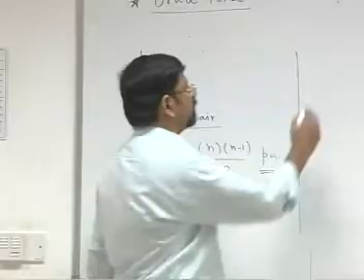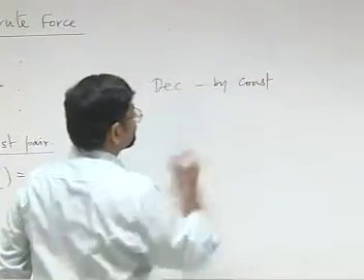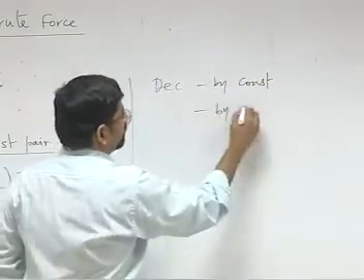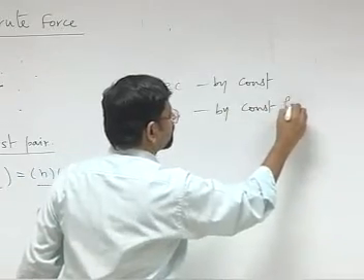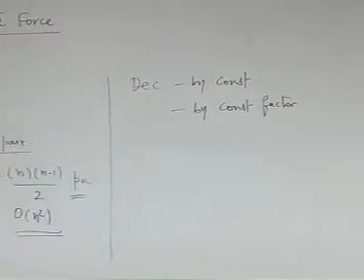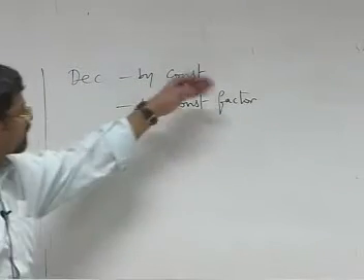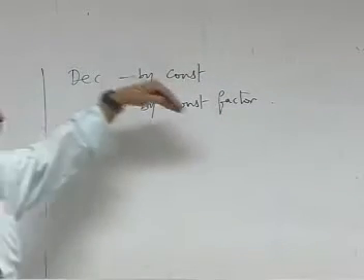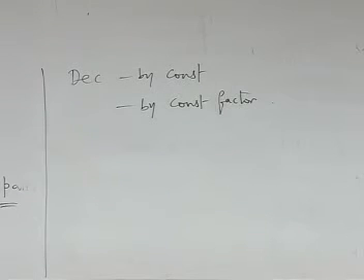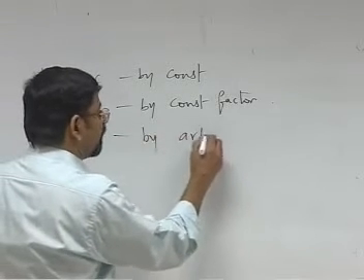incremental to the decremental. You can decrement by constant. You can decrement by a constant factor. You can decrement by constant value, you can decrement by constant factor, or you can decrement by arbitrary value.